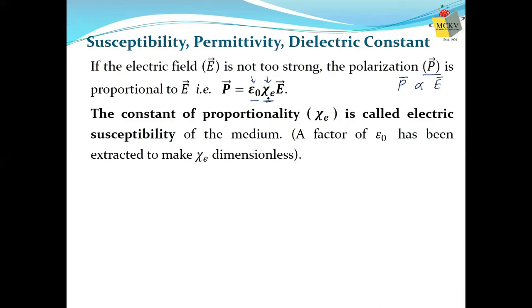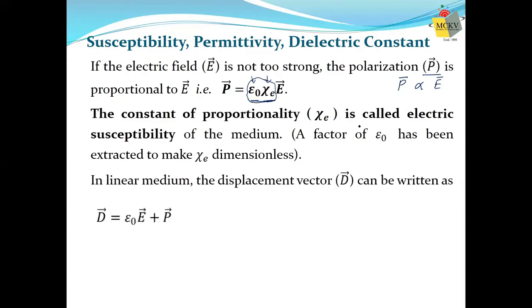So epsilon naught chi is the total constant, because P is proportional to E. Now we know from our previous class that the displacement vector can be written in terms of the electric field and polarization vector as D equals epsilon naught E plus P. But now we have written P equals epsilon naught chi e E. By the way, this chi e is called the electric susceptibility of the material.